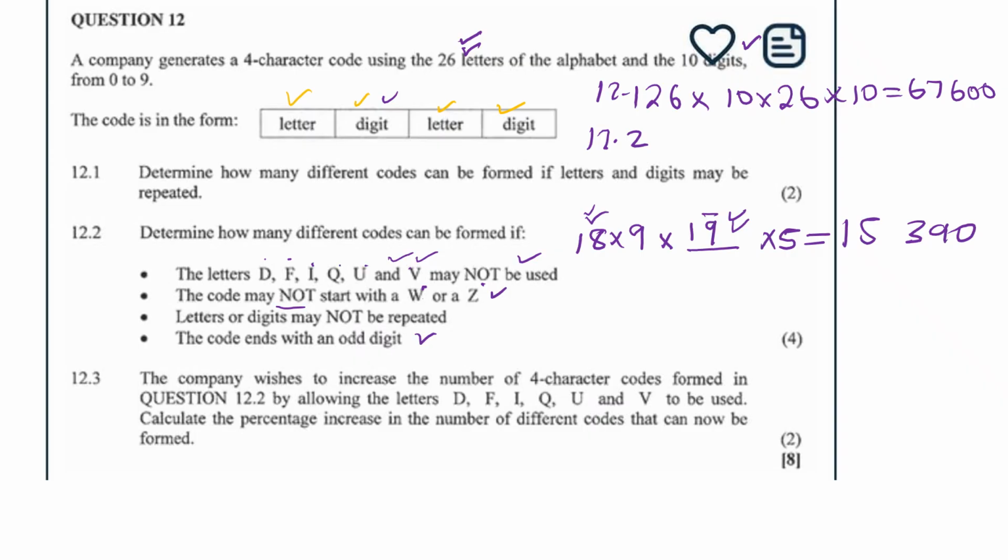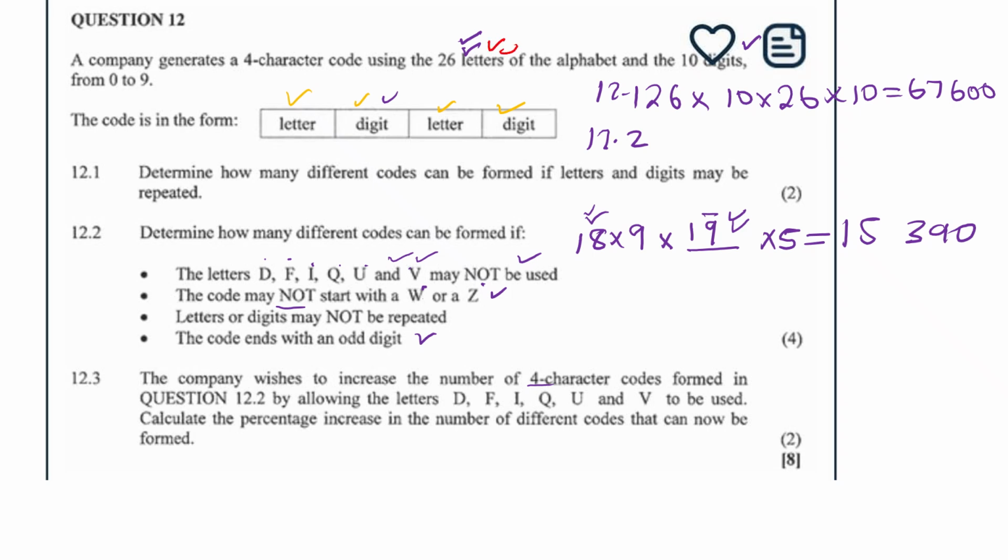Therefore now 12.3. The company wishes to increase the number of codes formed in 12.2, right, by allowing letters D, F, I, Q, U, and V to be used. Calculate the percentage increase in the number of different codes that can now be formed. Okay, so out of these 26 letters, sorry.